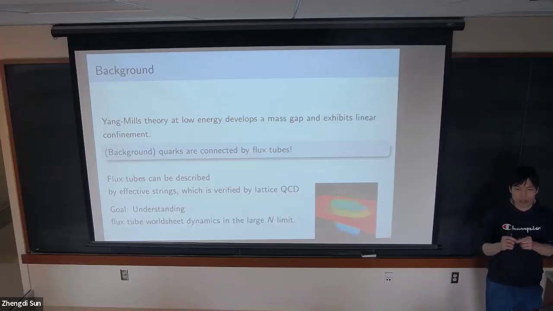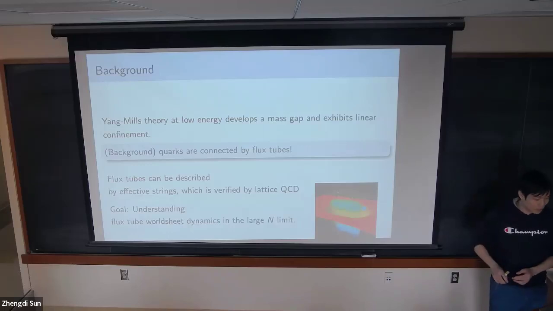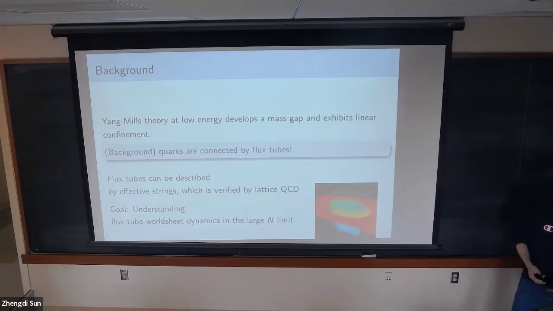So the flux tubes don't interact with themselves, and we have a well-defined 2D QFT, which is UV complete. The hope is that by studying this worldsheet dynamics, we can get some hint on what's going on in the bulk, like why we should have this confinement behavior.